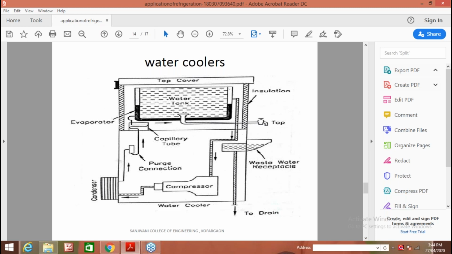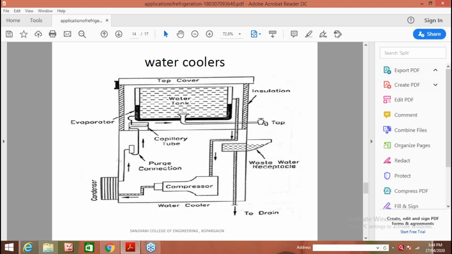We don't want to make this water ice, which means we don't want to extract much heat from the water. Generally the capacity of this water cooler is 100 to 200 liters. In large capacity also water coolers are used, but generally 100 to 200 liter capacity is most popular nowadays.